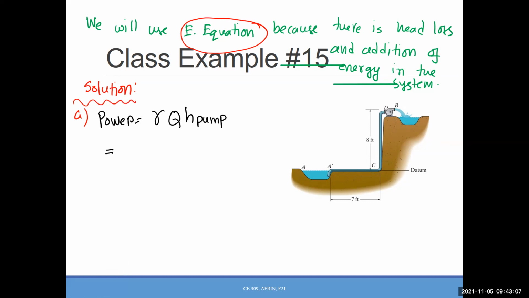Now, since this is water in the FPS system, what will be the gamma here? There is no temperature requirement or anything, so we can say 62.4 lb per feet cubed. What about Q? Do we know the Q here? 2.